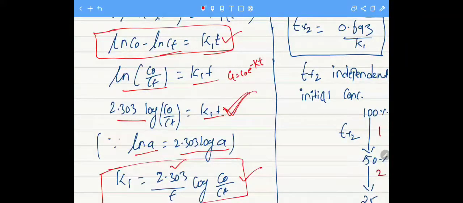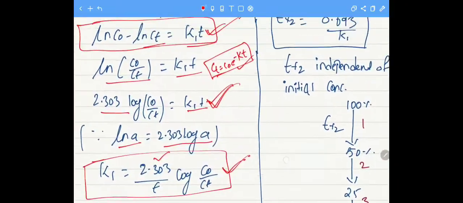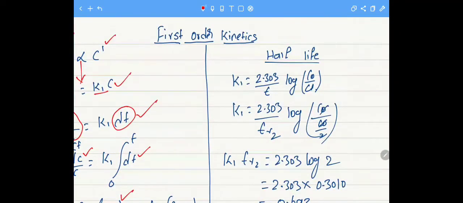So this is the exponential form. There are three equations for first order kinetics. Remember this: one is the natural log form equation, another is the log form equation, another one is the exponential form equation.